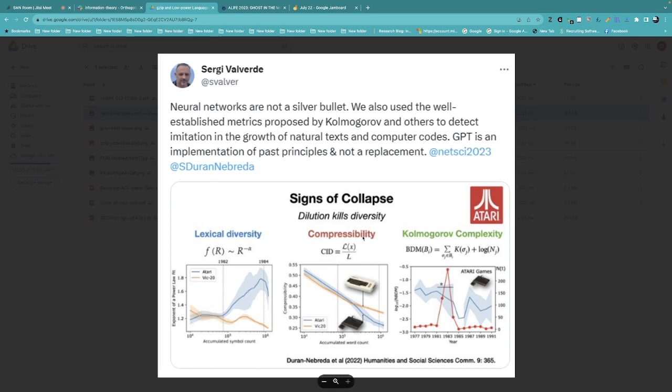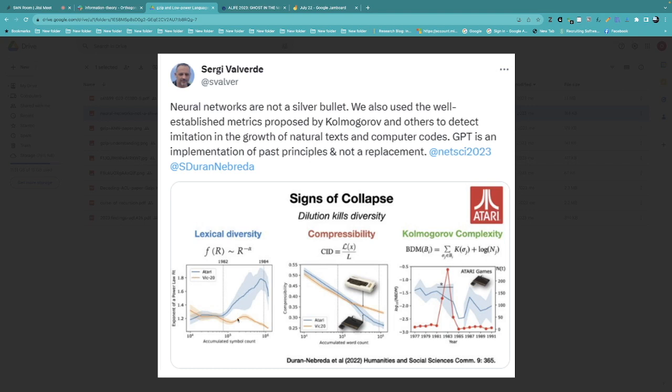And this is a graph from their paper. This is where they look at Kolmogorov complexity, the compressibility, and the lexical diversity of Atari versus VIC-20, which are two computer game systems from the 1980s.